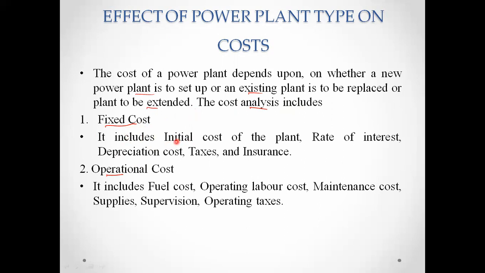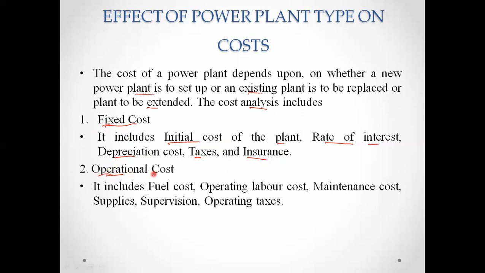Fixed cost includes the initial cost of the plant. Initially, when we set up the plant, the land purchase, construction, equipment and machinery all come under the initial cost. Then the rate of interest, depreciation cost, taxes and insurance. All this comes under the fixed cost.